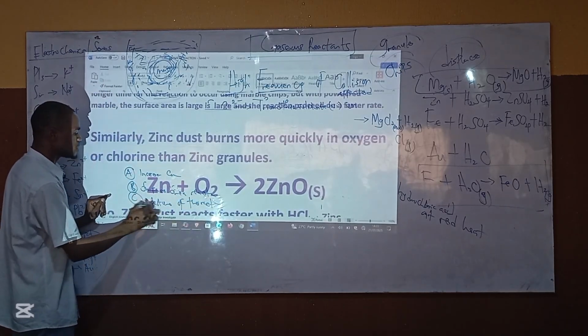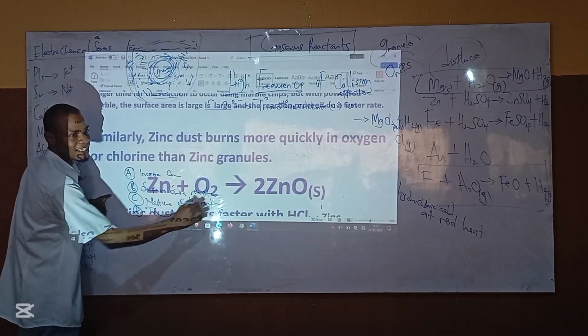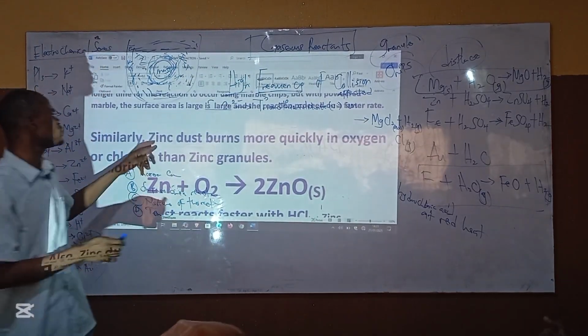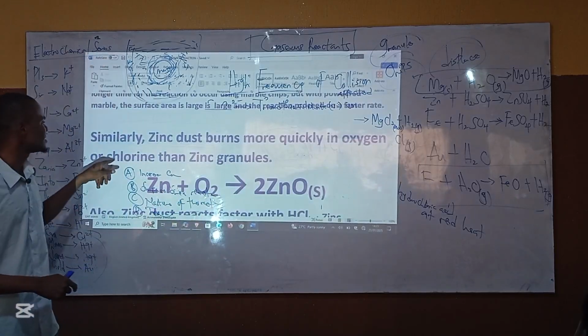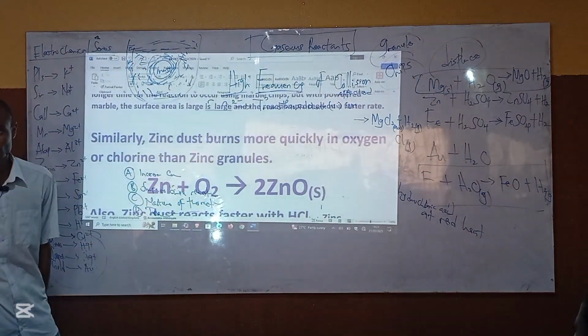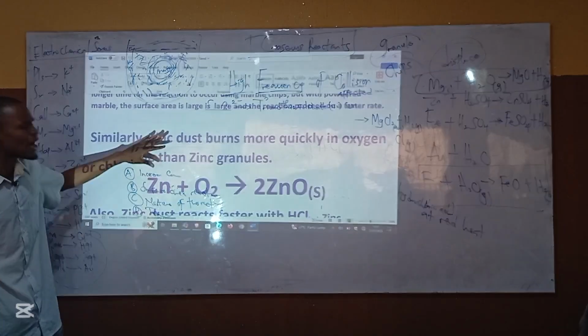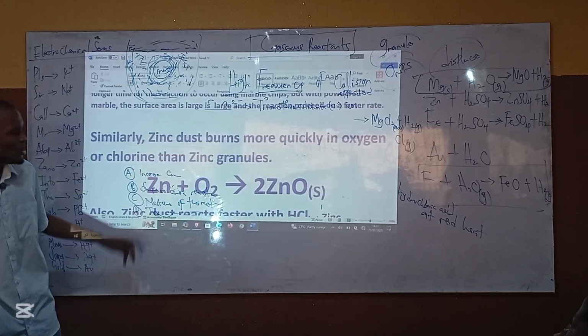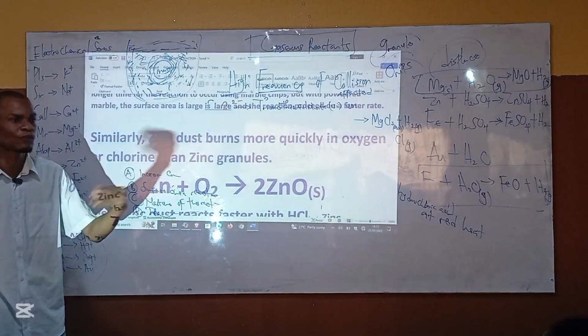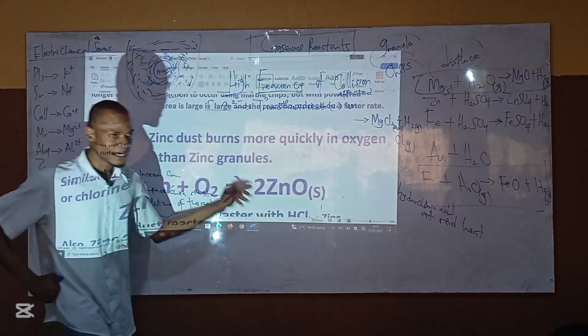Option D, temperature of the reaction. Which one are you going for? It says zinc dust burns more quickly in oxygen than zinc granules. Why? These are all factors that affect chemical reaction, but the answer is B, because dust has a larger surface area of contact than granules.